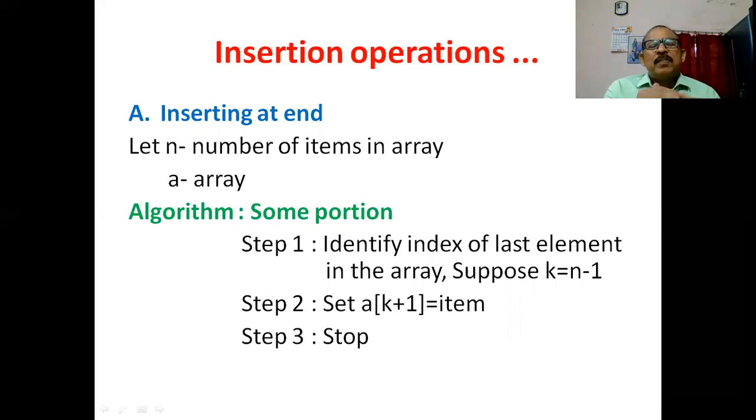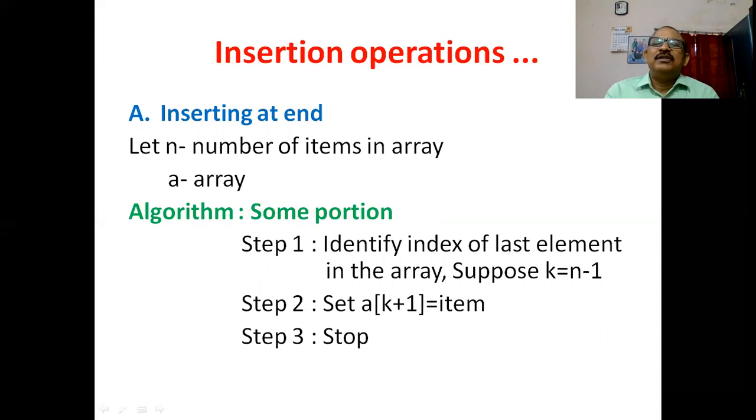For this, the first step, identify the index of the last element in the array. Let us take the last index of the array is k, and k is n-1. Next step, very simple, put the item at the place k plus 1: A[k+1] = item.